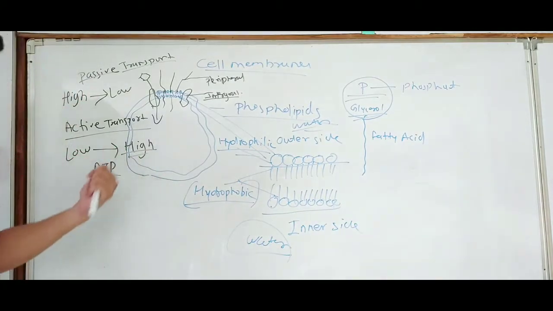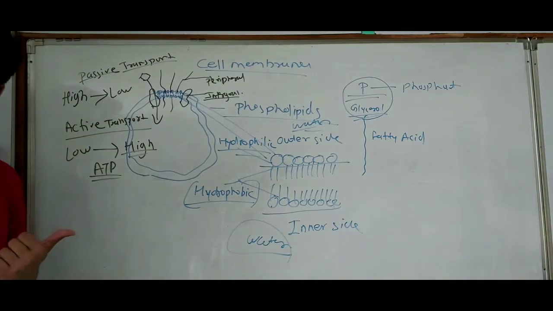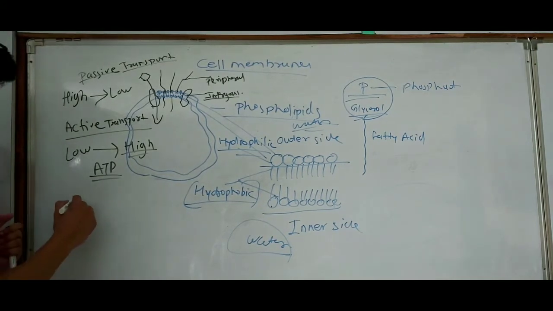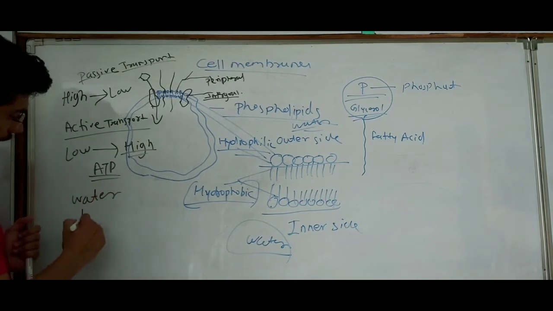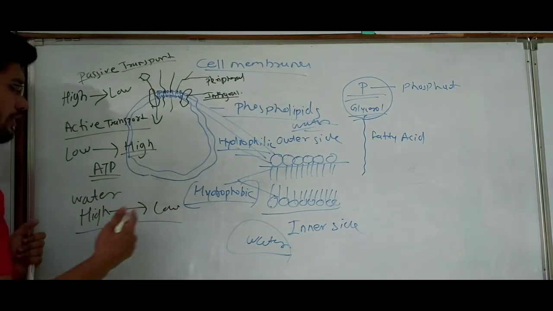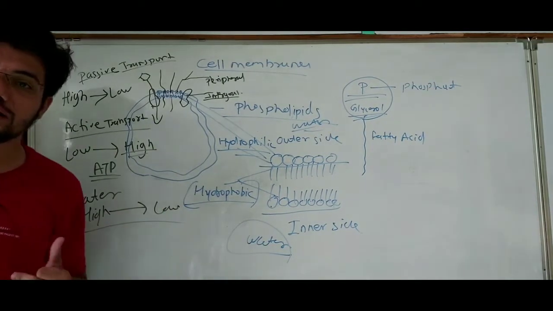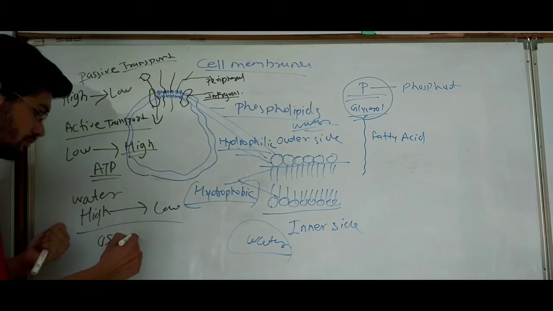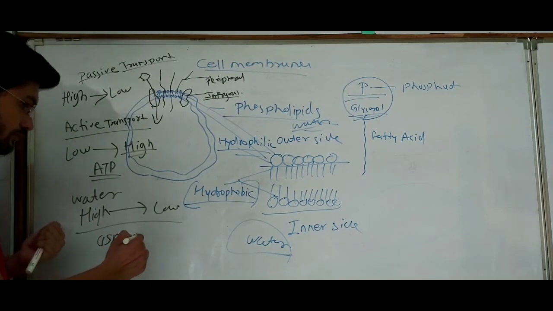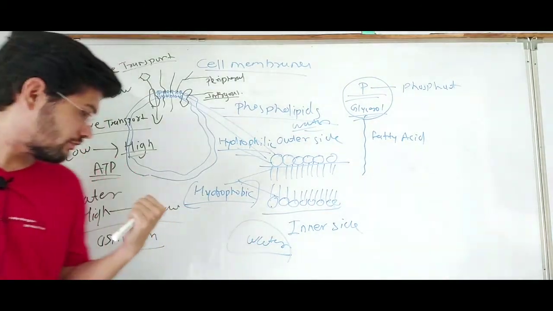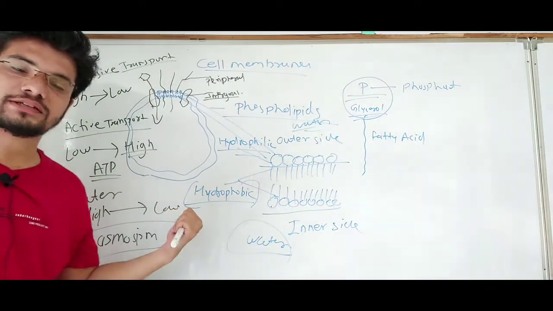This type of transport is active transport. If water is moving through the plasma membrane from high concentration to low concentration, along the concentration gradient, this process is known as osmosis.